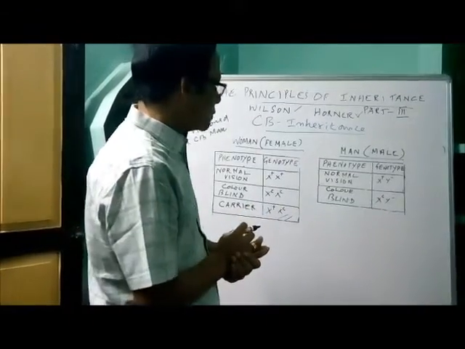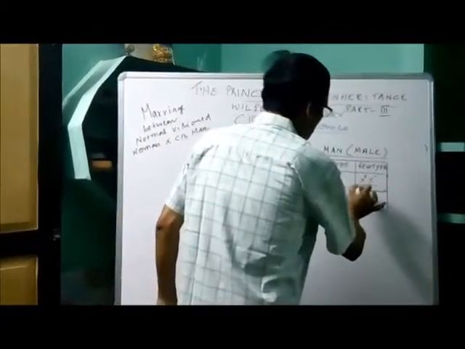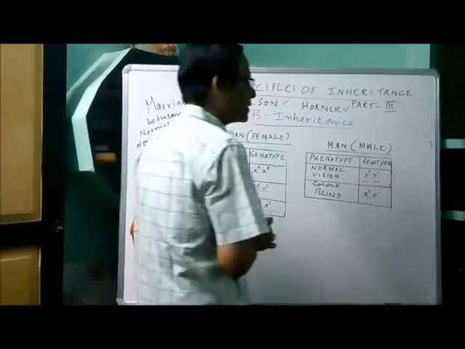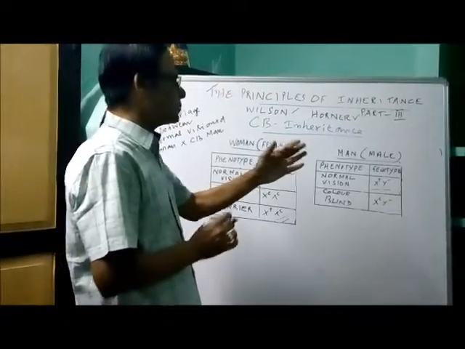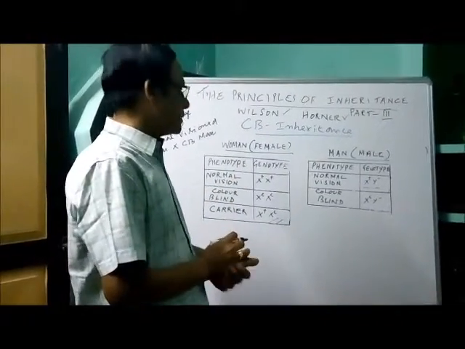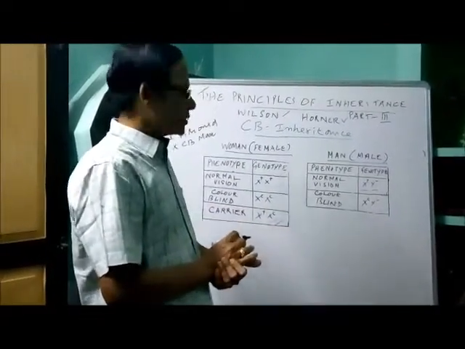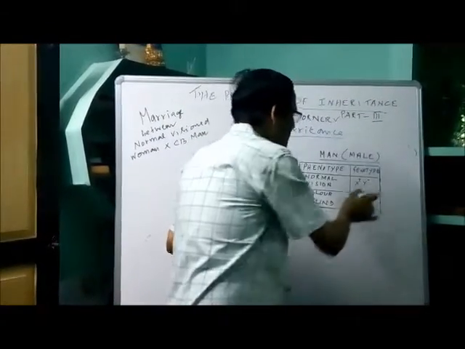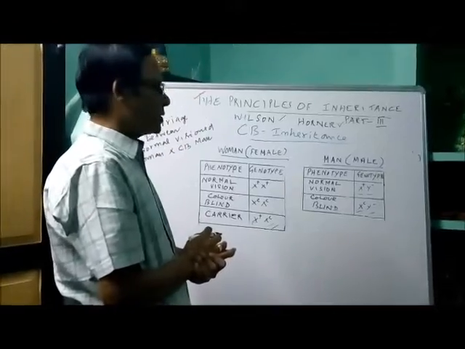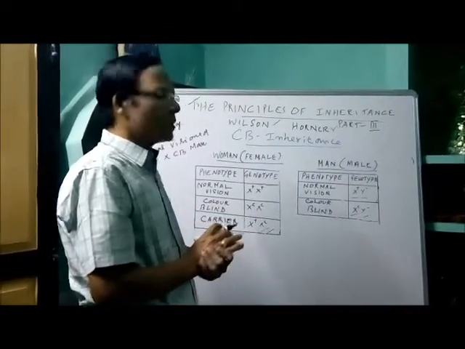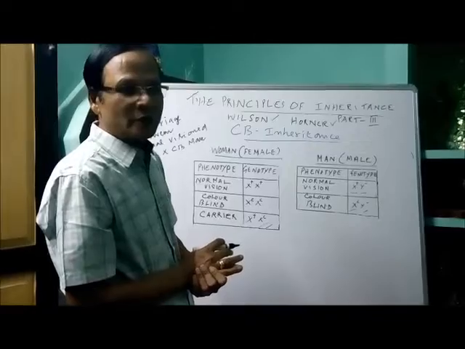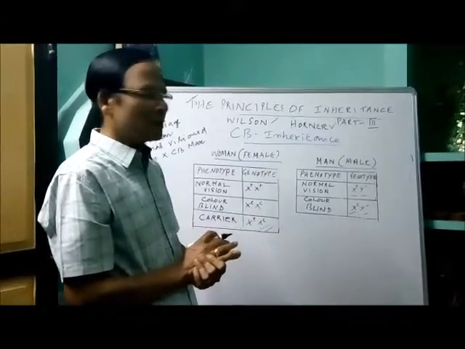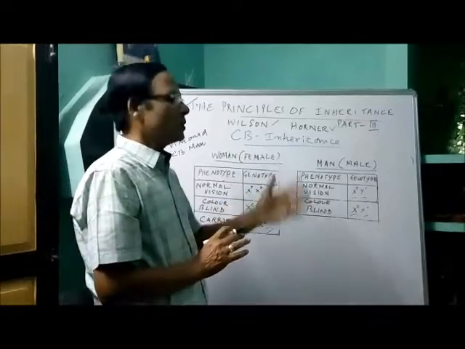So people with normal vision have one plus gene and no corresponding allele in the Y chromosome; that's why it is represented as minus. In the case of colorblind individuals, they have a recessive gene, and there is no corresponding allele in the Y chromosome. As these individuals are hemizygous, males are mostly affected when compared to the females.